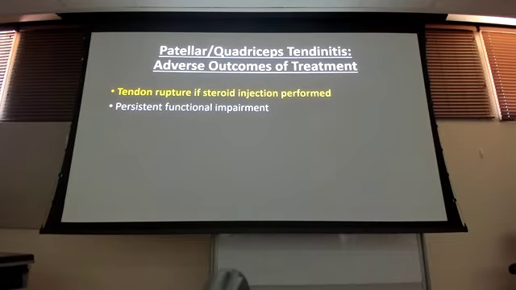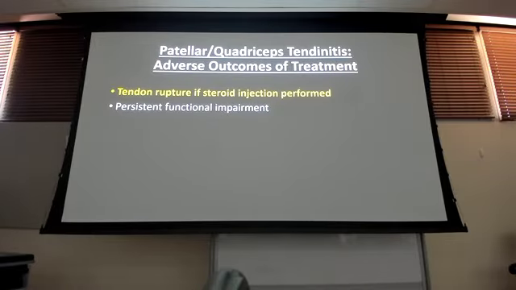If you treat them, I will tell you this: I very commonly discourage people from doing corticosteroid injections in and around the patella tendon. Definitely the quad tendon. But even with a patella tendon, I usually tell people, let me just see the patient, just to make sure. Because if you rupture that extensor mechanism, is that big surgery?